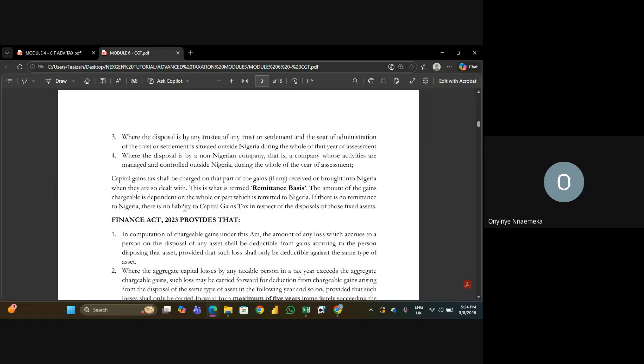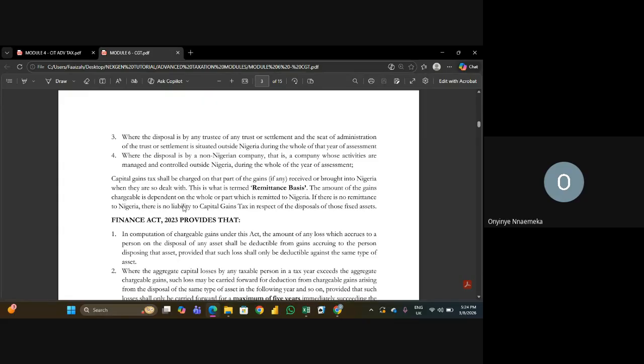This is what is called remittance basis. The amount of gains chargeable is dependent on the whole or part which is remitted to Nigeria. If there is no remittance to Nigeria, there is no liability to CGT in respect of disposal of those assets. So, regarding all of these four people that we mentioned above, the only tax that we are going to charge them on is the amount of money that they bring into Nigeria from that particular gain.